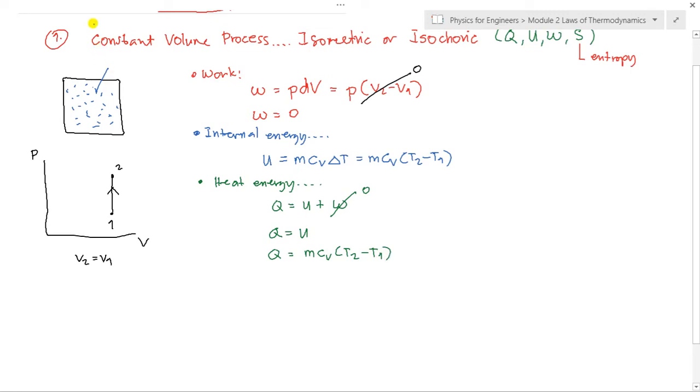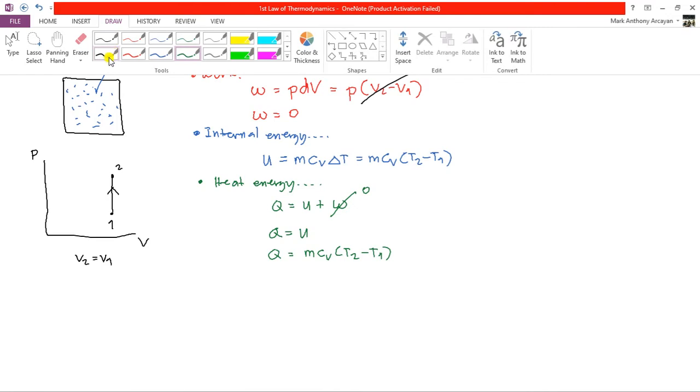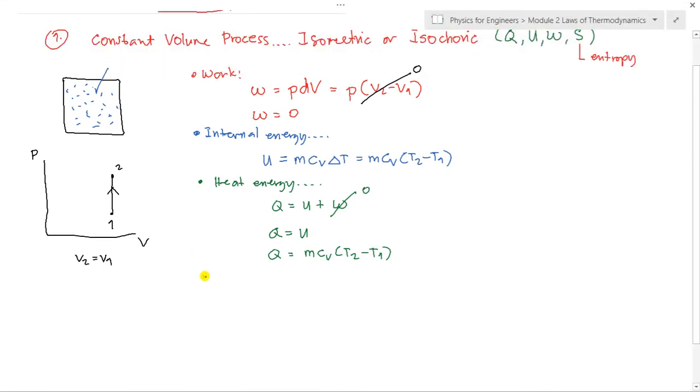And then finally, entropy, the amount of disorder, denoted as S. Take note of the general formula for entropy.